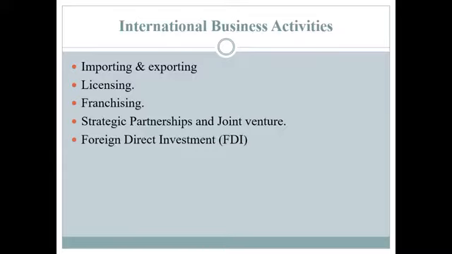In joint venture, what is done? Two or more companies or firms across the globe jointly work on a project for a time period. They come together and complete the work assigned to them.